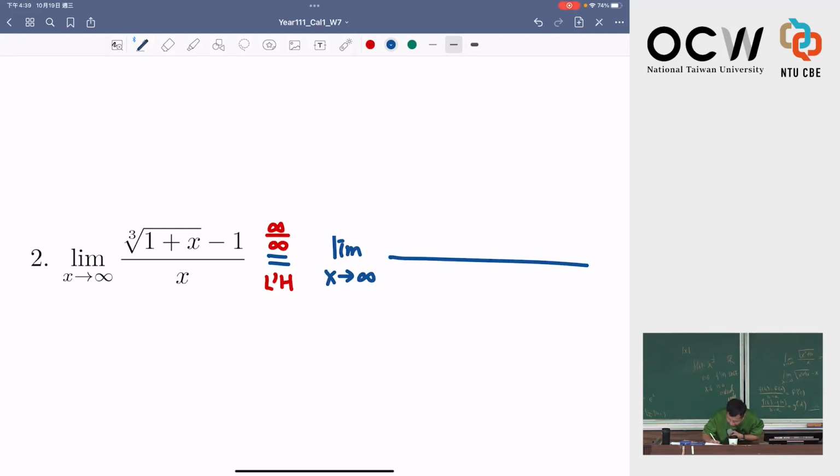That means you differentiate both the numerator and denominator. Let me do the easy one first. Differentiating the denominator gives 1. And differentiating the numerator, you will get 1/3 times (1 plus x) to the power minus 2 over 3.